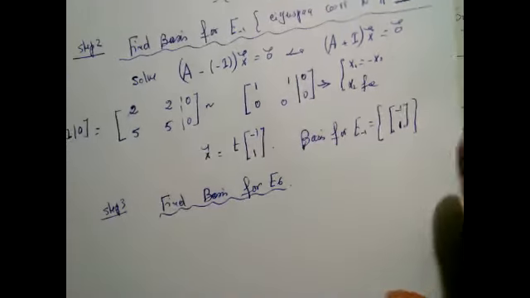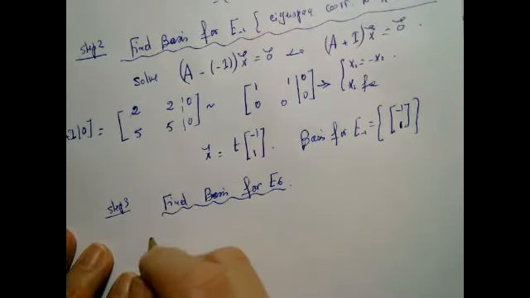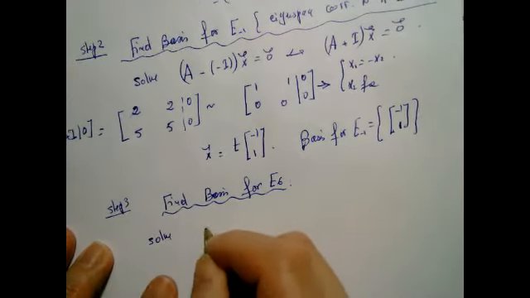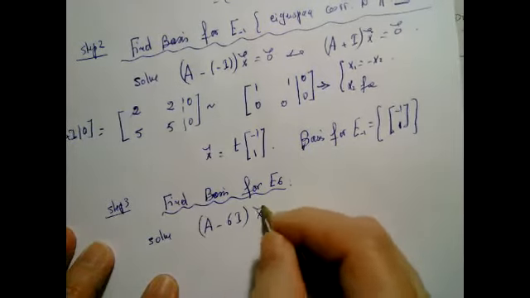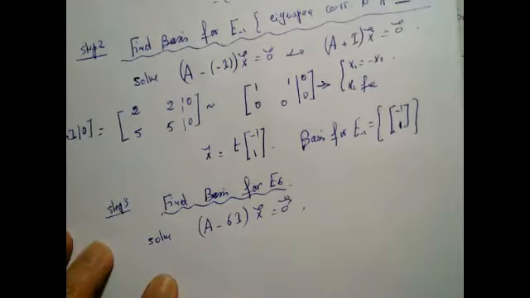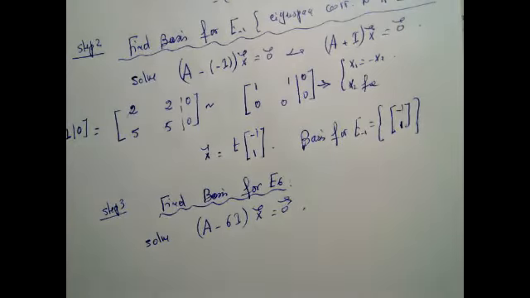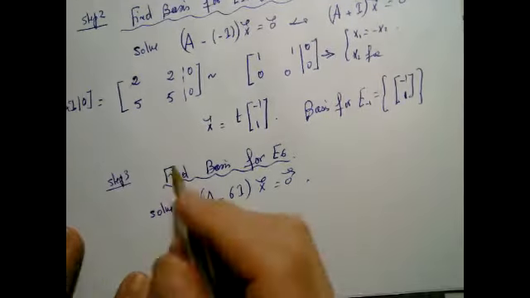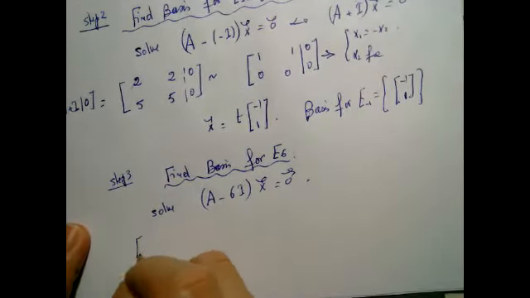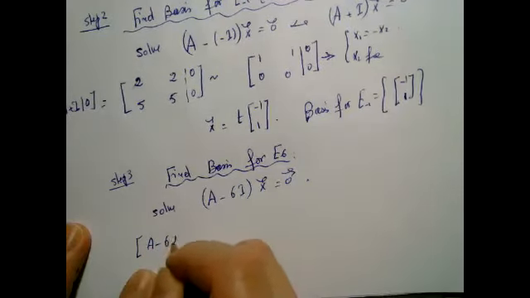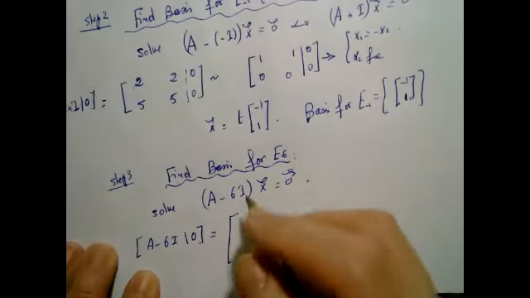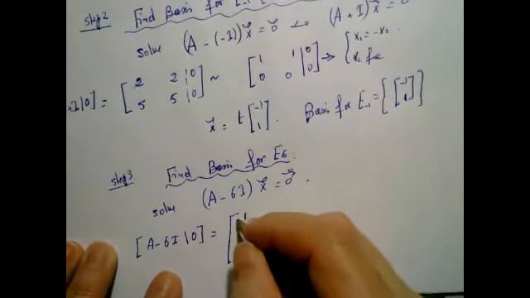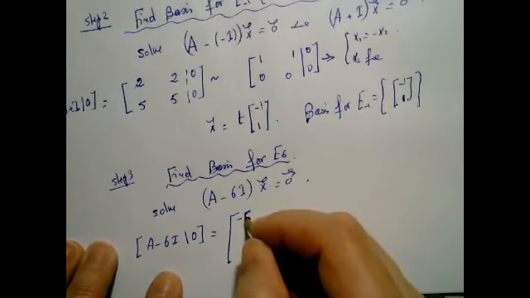We do the same thing. So we're going to solve A minus 6I equal to 0. So A minus 6I will give me the following. 1 plus minus 6, so I will get a minus 5.